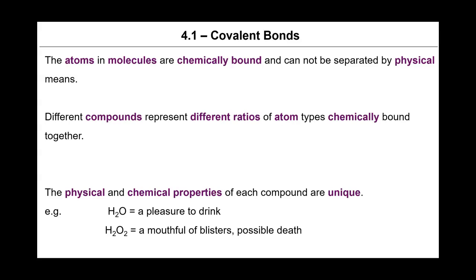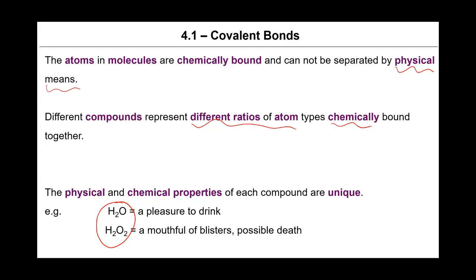We should recognize that the atoms that are in molecules or polyatomic ions are chemically bound together, and as a result they cannot be separated by physical means. What different compounds represent are different ratios of atoms chemically bound together. So for example, water and hydrogen peroxide are both composed of hydrogen and oxygen.